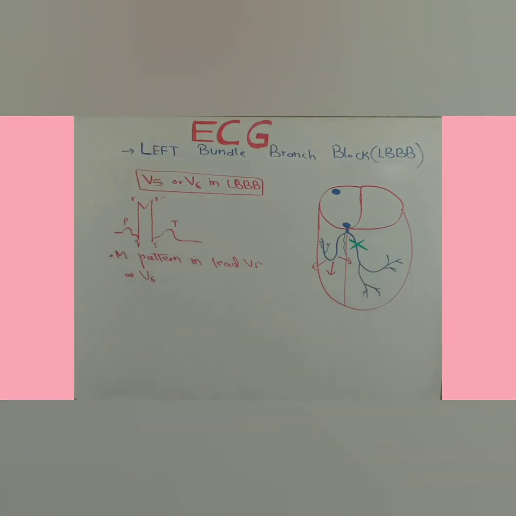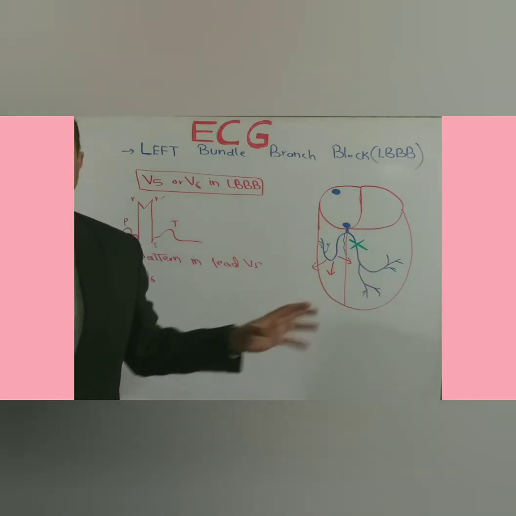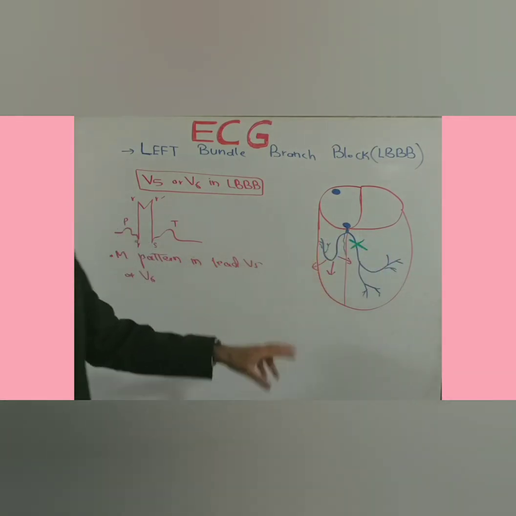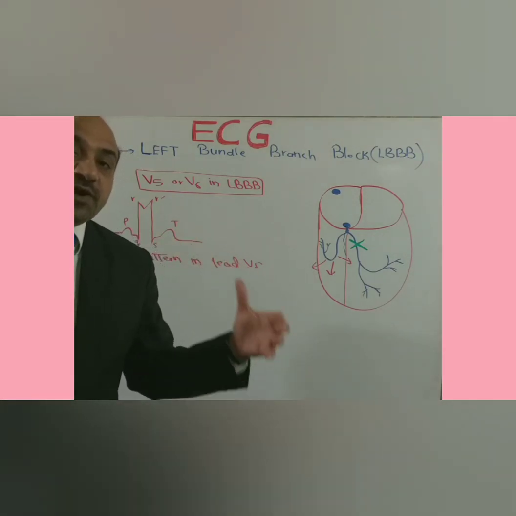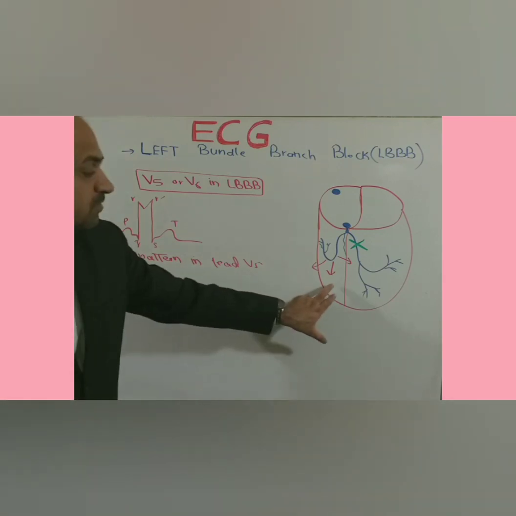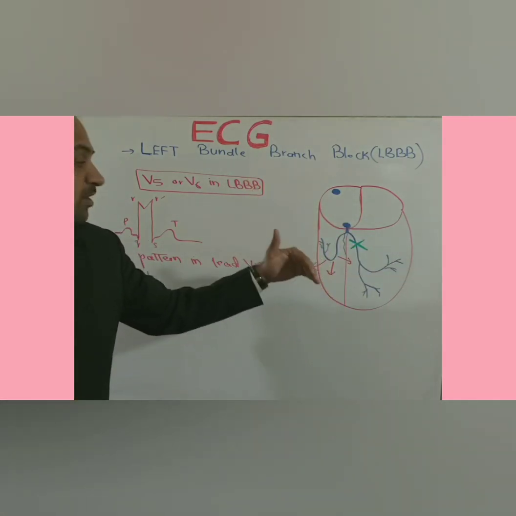In the normal state, you will not see this happening because the left myocardium has a huge muscle mass and a lot of waves of depolarization are simultaneously moving towards V5 or V6. That generates its own positively deflected R wave. But here, this R wave is representing the positive deflection of the wave of depolarization coming from the right myocardium or right ventricle.